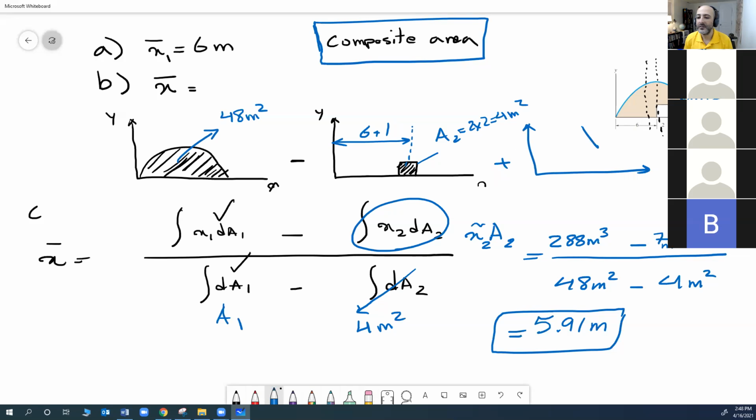You have to add this area here. So your integral is going to be plus x tilde 3, the area 3, and so on. Okay, so we're going to do more examples on composite areas and stuff like that. All right. Questions?